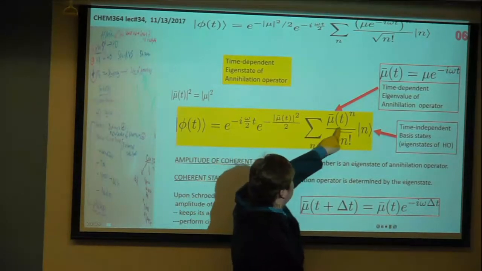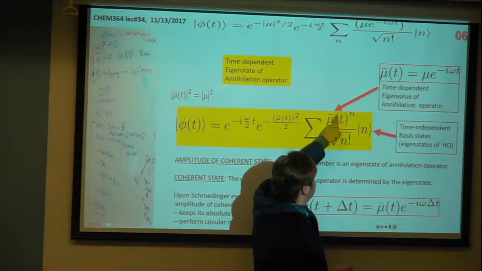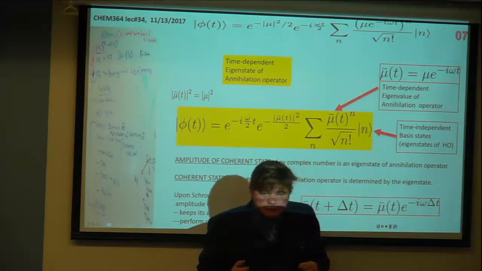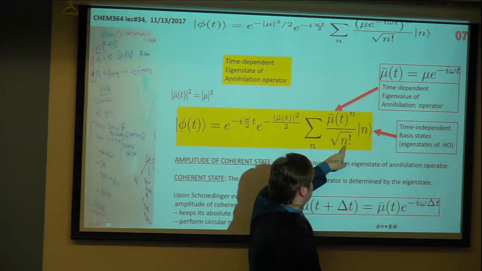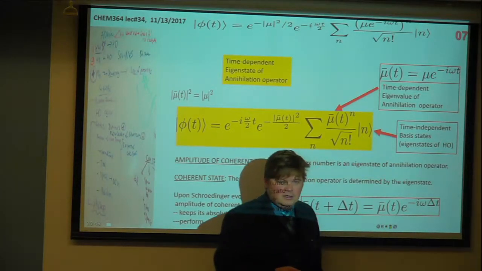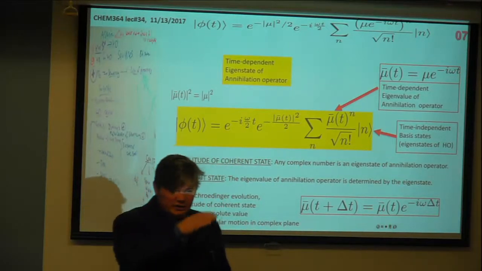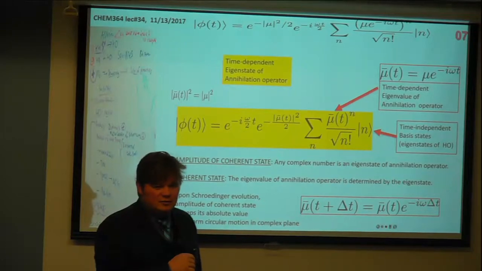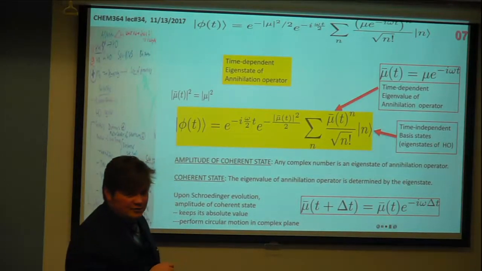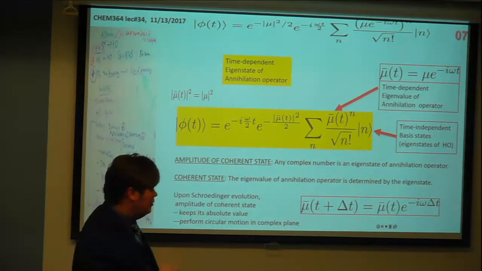Here are eigenvalues of the annihilation operator to the power n divided by square root of n factorial, and here are the eigenstates of the harmonic oscillator, which are camels with 1, 2, 3, 4 humps if you look at the probability distribution.